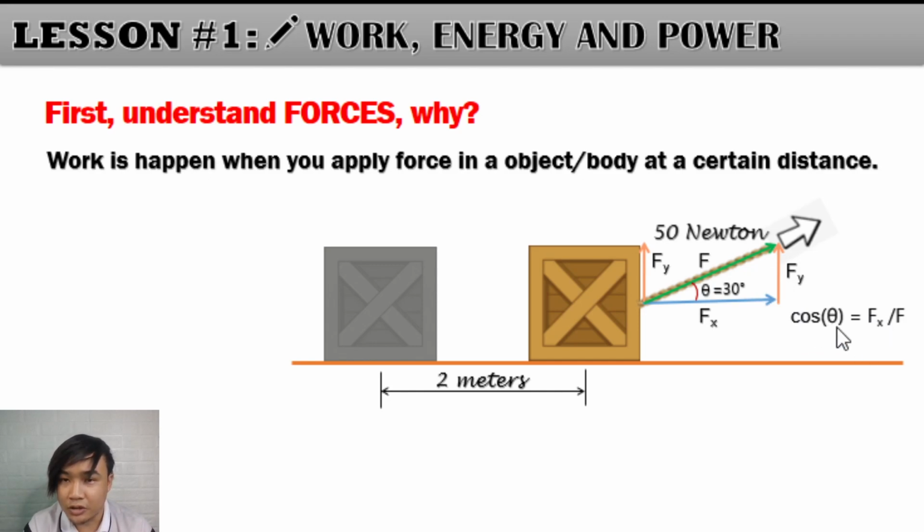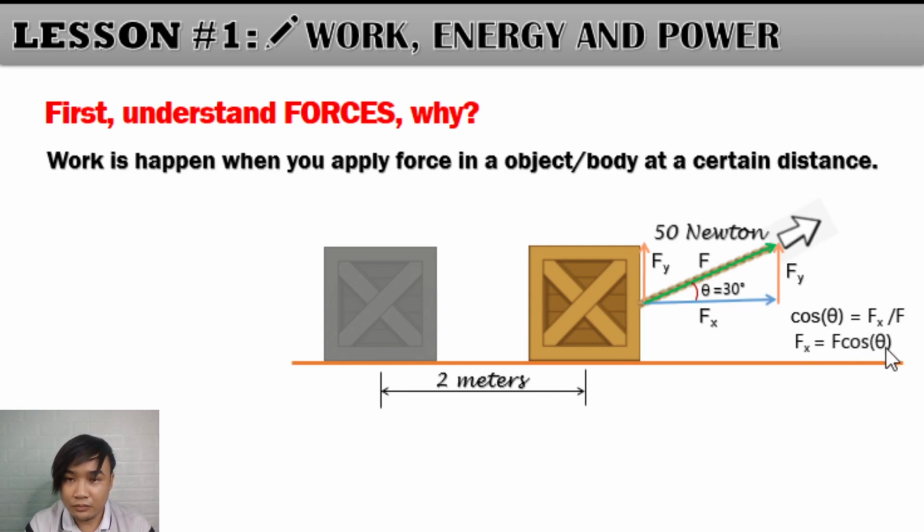So, cosine theta is equal to Fx over F. This is your adjacent and hypotenuse is your F. Then, mahanap natin si Fx. So, ang gagawin natin, multiply lang natin siya both sides by F para makancel yung F dito, then magkaroon siya ng F dito. So, nakaequate siya sa Fx. So, Fx is equal to F cosine theta.